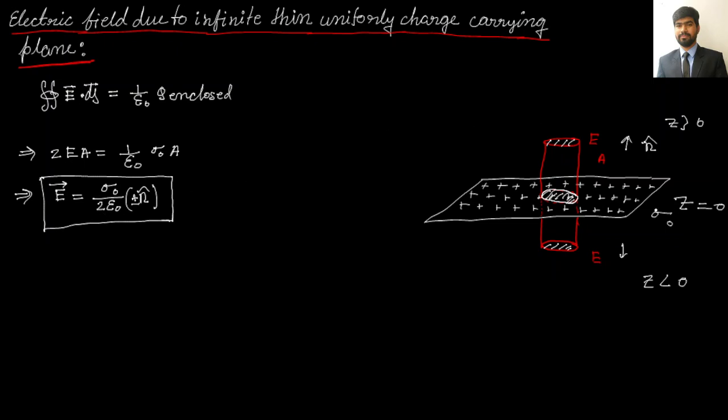And what will be the direction? Since z equals to 0 is the xy plane, what will be the normal to the xy plane? It will be plus k cap or plus z cap. So if we consider this is the z equals to 0 plane, then above the plane, if this plane is carrying a sigma naught charge density, we'll see the electric field E is equal to sigma naught divided by 2 epsilon naught.